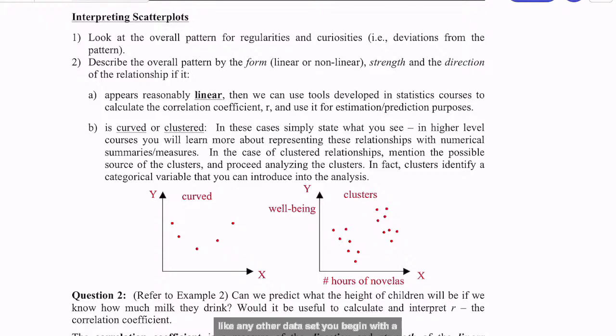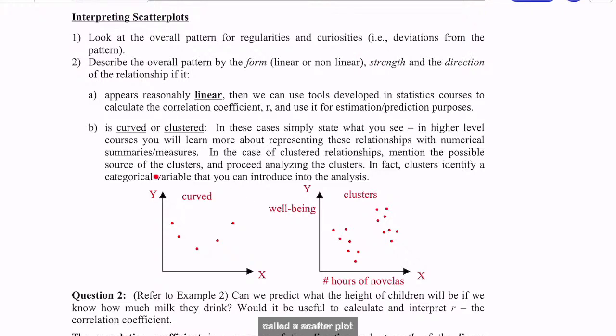So that, like any other data set, you begin with a drawing, a sketch, a visualization of the data. You look at scatter plots, for instance. You create two dimensions, the two variables, you create a two-dimensional graph of the data. So you have pairs of data, and you look for the regular pattern in the data, and you look for curious things about the data, or surprises, or unanticipated values, or points in the scatter plot.